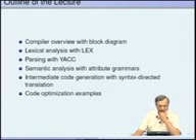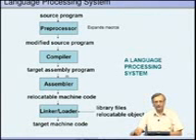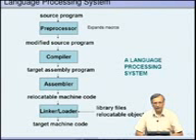So, let us begin with a block diagram of what is known as a language processing system. In a language processing system, the source program, for example, goes through a preprocessor. For example, in a C program, you have a number of macros such as hash define, hash include, and so on.